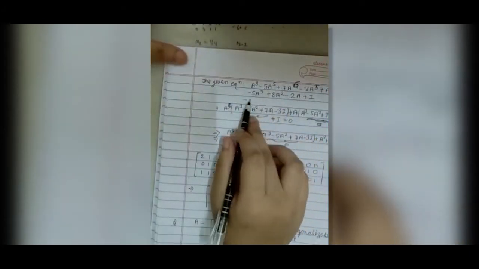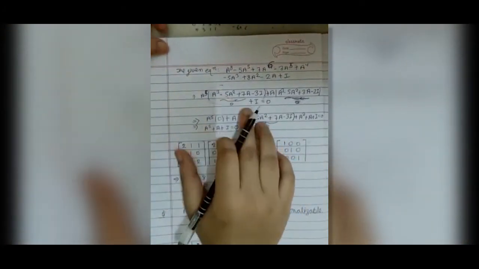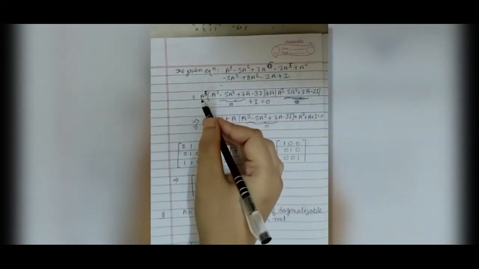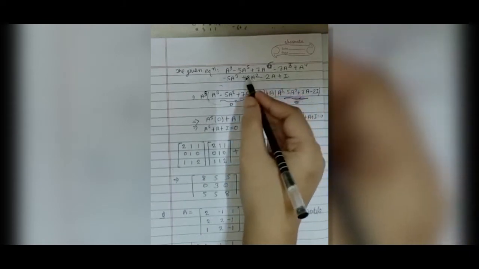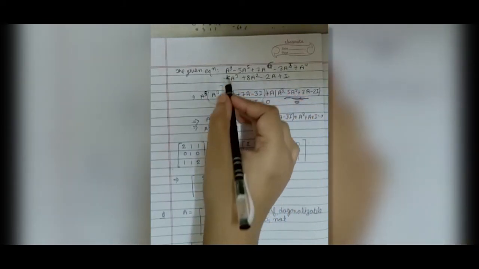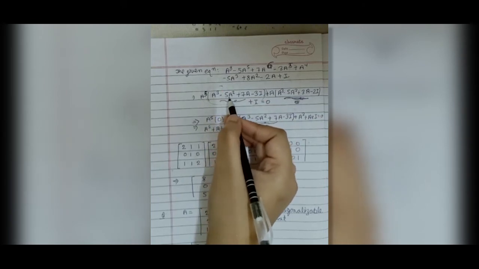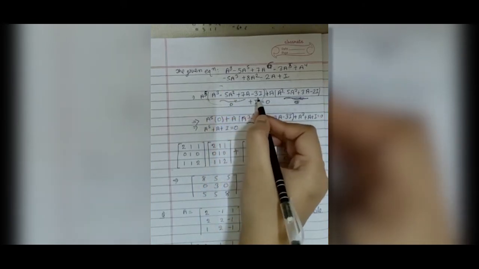Just because this whole thing which we have got through the characteristic equation is 0. So if we reduce this equation in terms of this thing, we can easily substitute 0 here and it's easy for us to find. So I will take A to the power 5 common from this side, and A to the power 8 was there, so you will get A to the power 3, then minus 5A square plus 7A minus 3I.